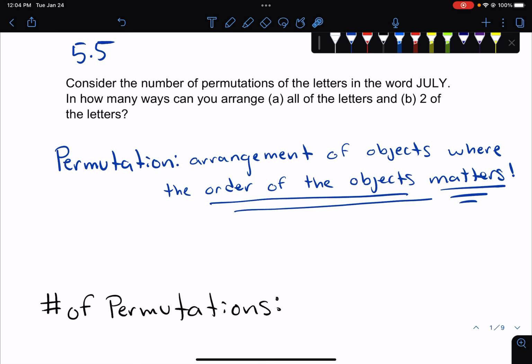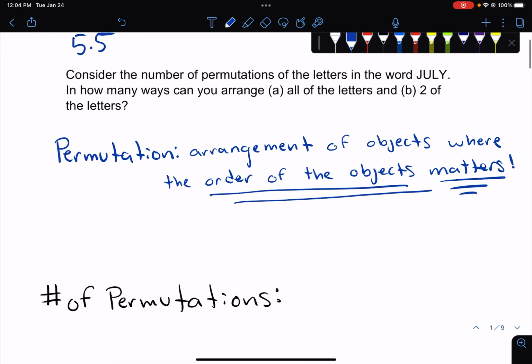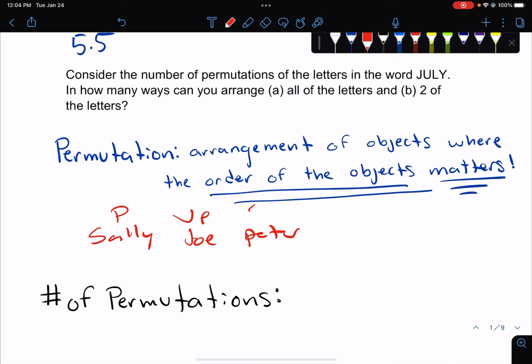So for example, if I had 3 people and I was trying to pick a president and a vice president and a secretary, the order that I pick them matters, right? Because let's say that we make Sally the president, and we make Joe the vice president, and we make Peter the secretary.